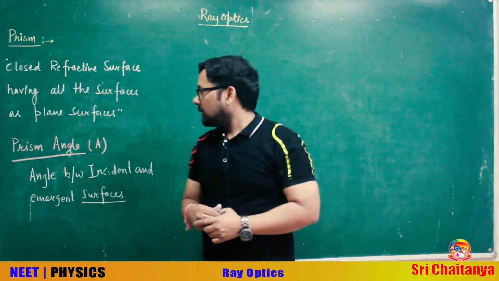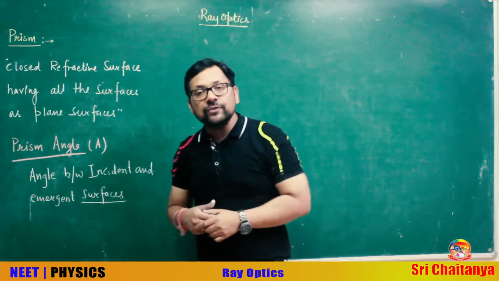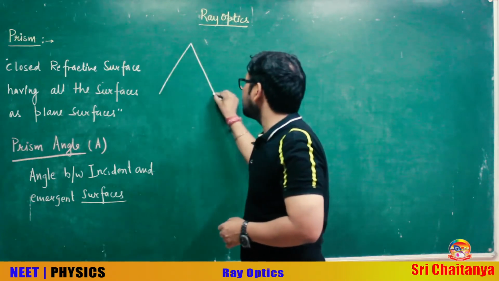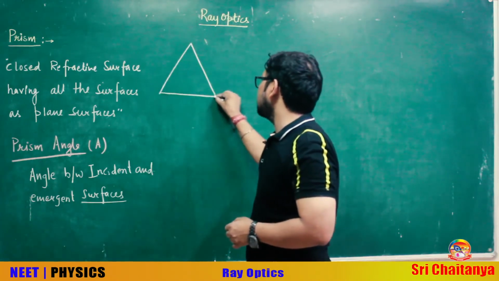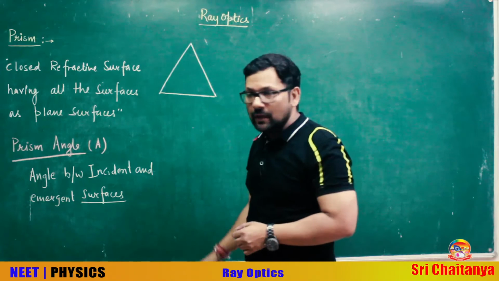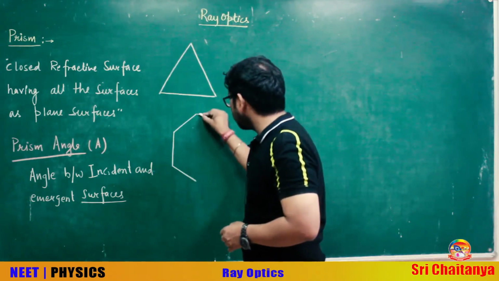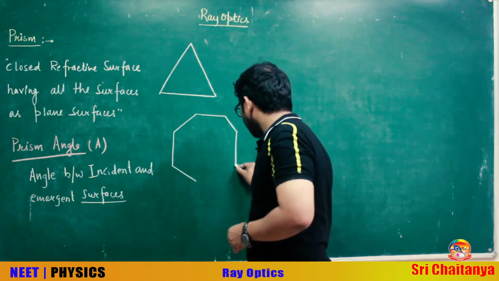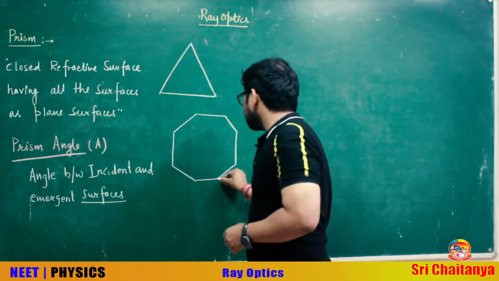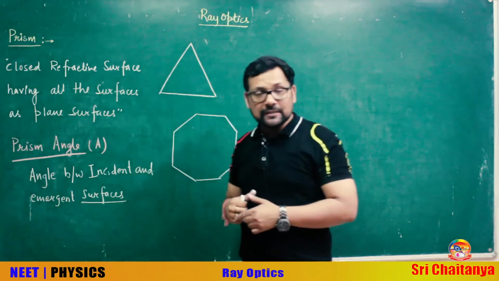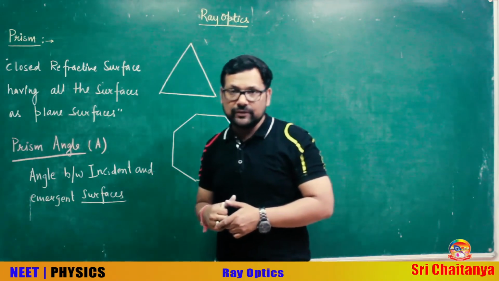Now see what shapes of prism we have. Suppose the very simple prism that you must know is the equilateral prism. This is one of the prisms. The next prism you can see is this. This is also a prism. You can see this is a closed refracting surface and all the surfaces are plane surfaces.